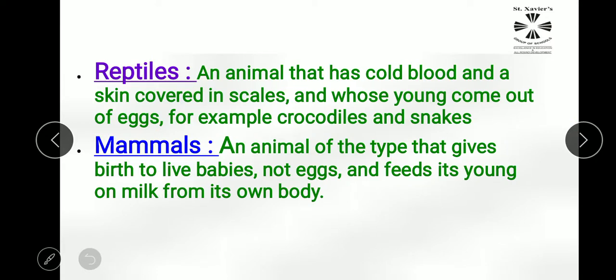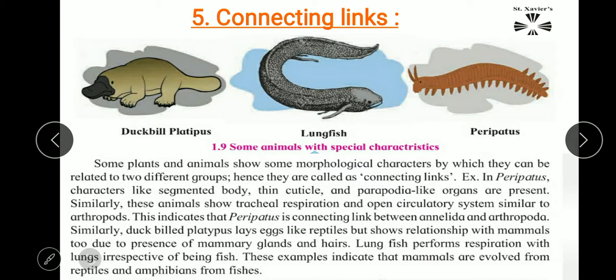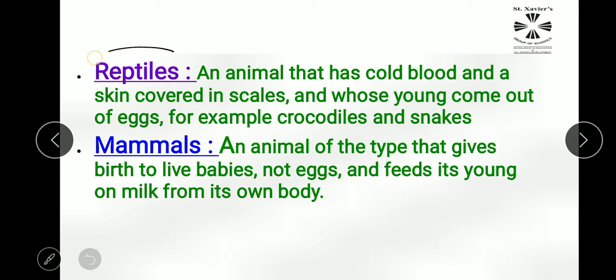Let's continue here, students. When we were talking about reptiles and mammals, what is a reptile? When we talk about reptiles, it is an animal that has cold blood and skin covered in scales, and whose young ones come out of eggs.